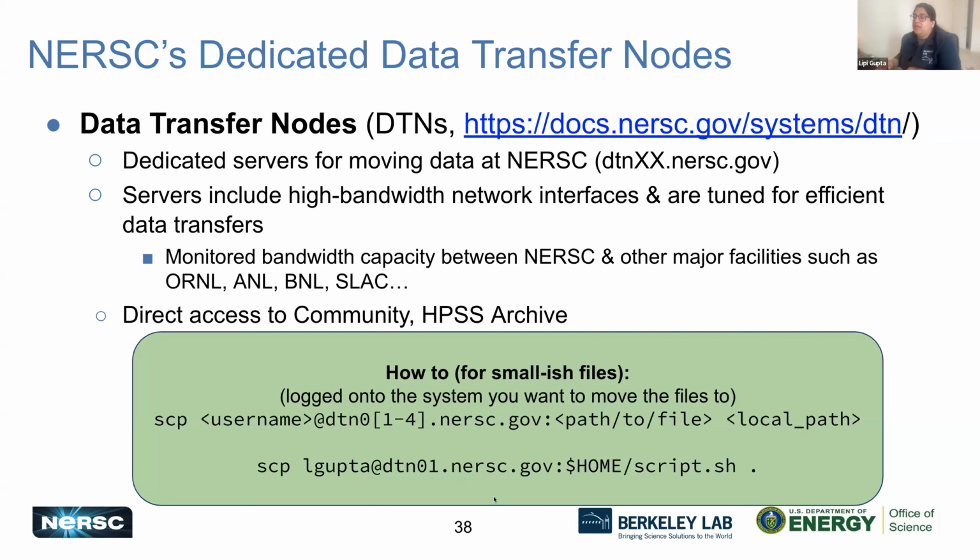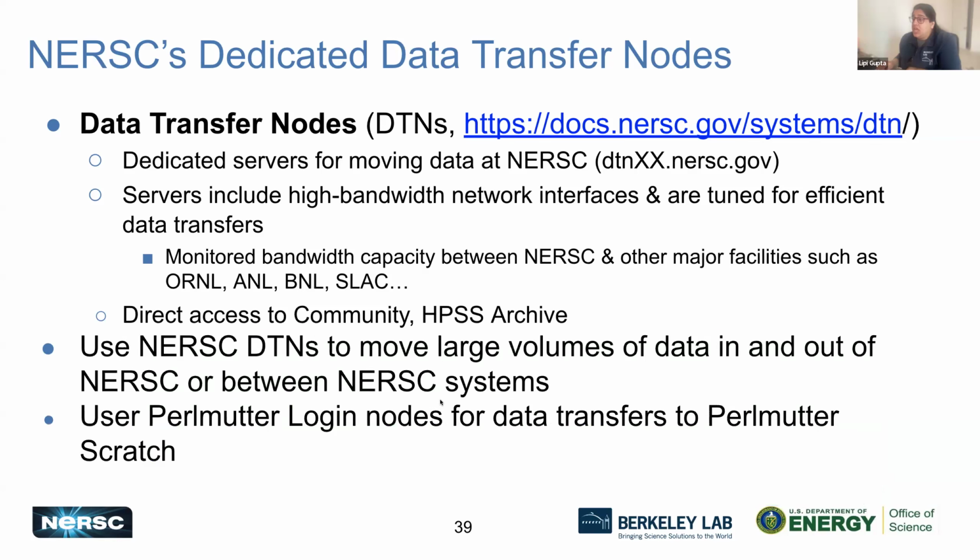So I have information here on how to do this for a smallish file. If you're using SCP, you can pick where you want to put this data, then copy it so it will exist on your local computer, and I can use these data transfer nodes.